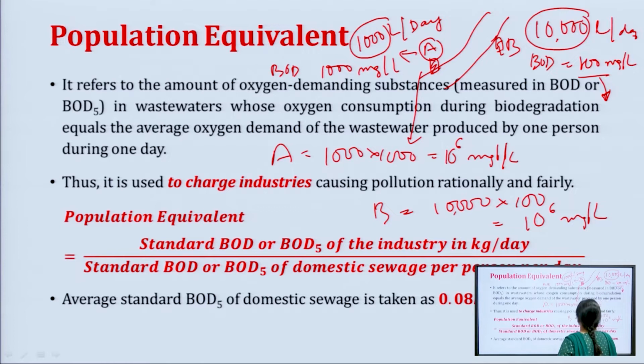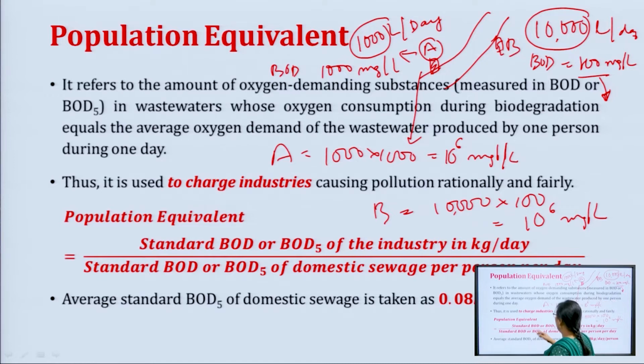Even though A is discharging a smaller amount of effluent than B, A gives a similar load as B. So, I will have to charge both A and B similarly. If I am going to take 10,000 rupees from A, I am also going to take 10,000 rupees from B. It is thus used to charge industries causing pollution rationally and fairly.